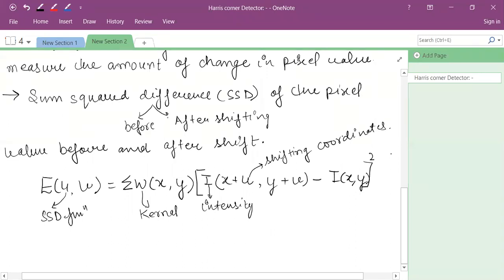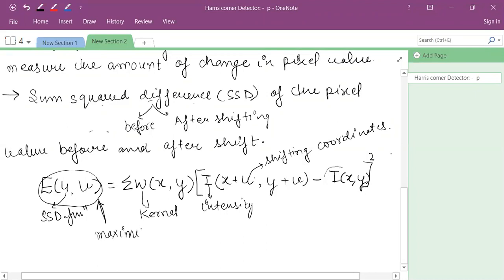So the definition of SSD is sum squared difference of the pixel value. In terms of the sum, there is a summation sign, and difference is the intensity previous and the intensity after the shifting of the coordinates, and we have to take the square. So we have to maximize this function for the corner detection. Our aim is to maximize this function value in order to detect the corner.